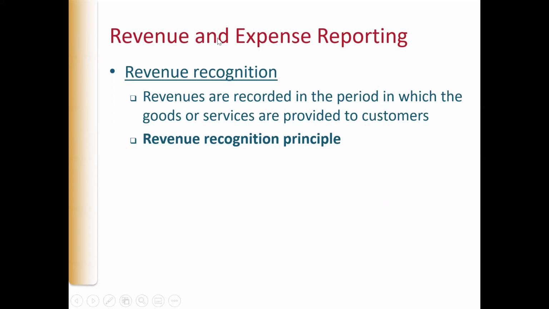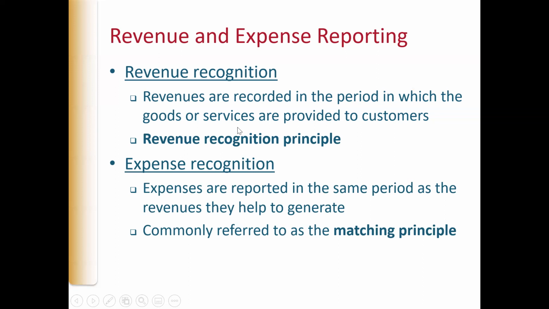This concept, called the revenue recognition principle, means revenues get recorded in the period in which the goods or services are provided to the customer. Not necessarily when we get the cash, but when we do the work, when the service is completed, when the goods have been exchanged.